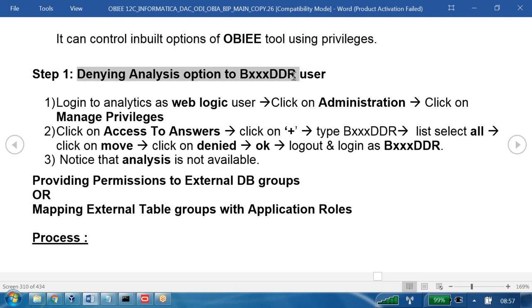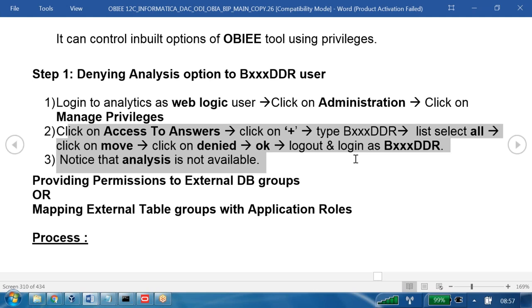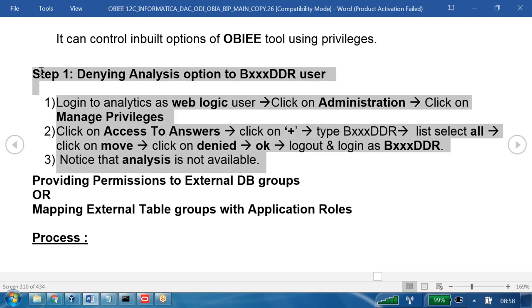To deny the Analysis option to this user, log into Analytics as the WebLogic user, click on Administration, click on Manage Privileges, click on Access to Answers, the plus symbol, and so on. I think I'm good with this.